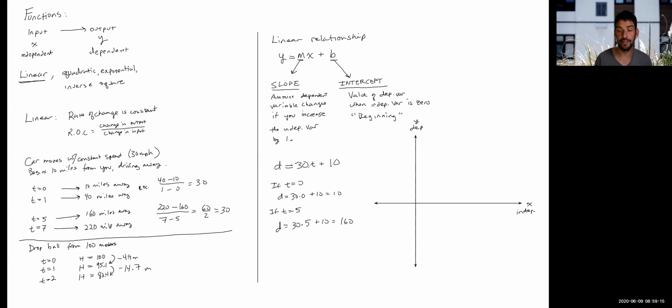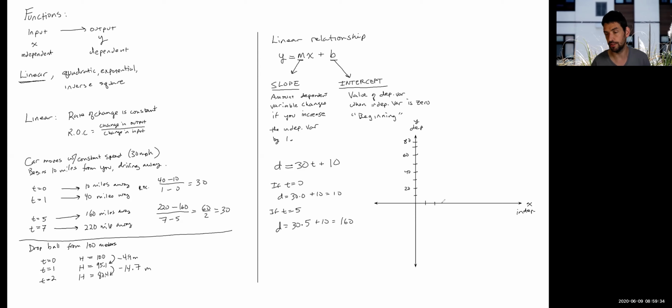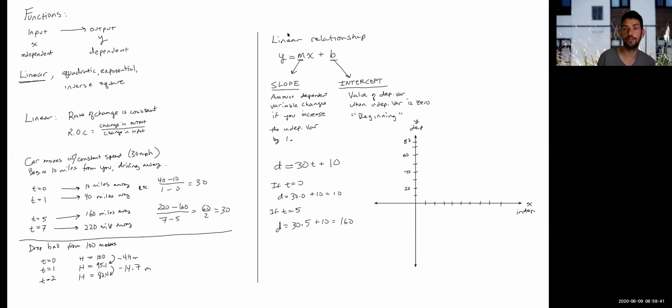So for instance, let's make a little scale here. I'm going to go by tens on the vertical axis, so we'll call this one 20, 40, 60, 80. And the x-axis, I'm going to go by 1 since it's moving forward in increments of 1. So we can graph a function like this, right? For instance, I know when t equals 0, the distance is 10, right?